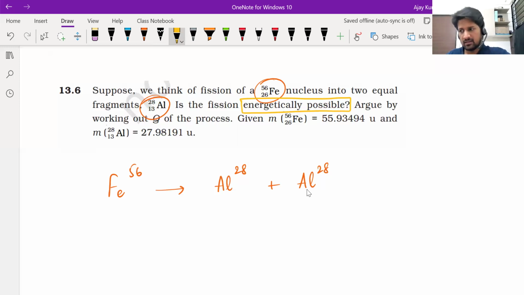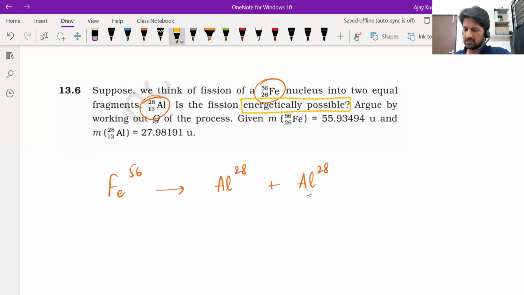If a certain process makes a system more stable, that process will happen automatically. Otherwise, if a certain process is going to make a system unstable, then that process requires energy from an external agent.